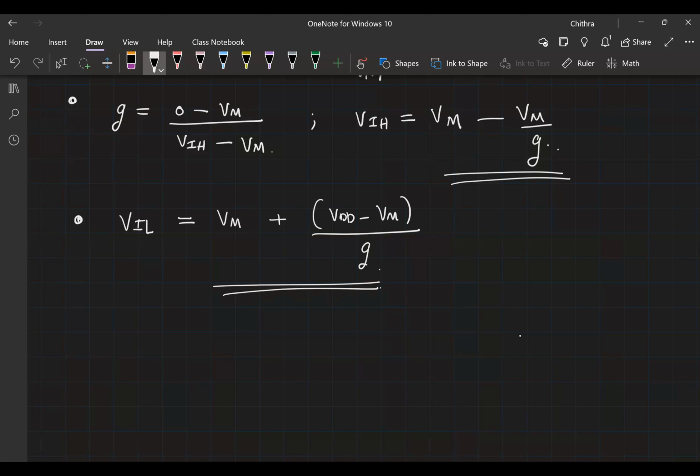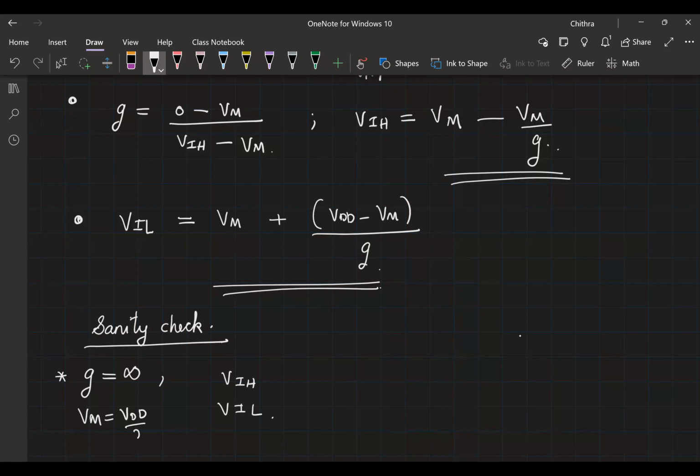So now let's do a quick sanity check. Let's say my G is equal to infinity. Can you tell me what is the value of VIH and VIL? So G equal to infinity, and also assume VM equal to VDD by 2. Both of them you should get as VDD by 2.